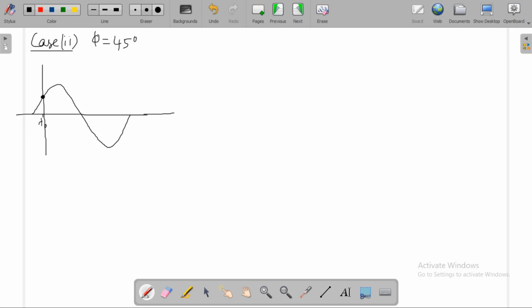At T naught, you're going to get this magnitude. This will be T1. This instant will be T2. This instant will be T3. Similarly, this will be T4, T5, T6, and T7.